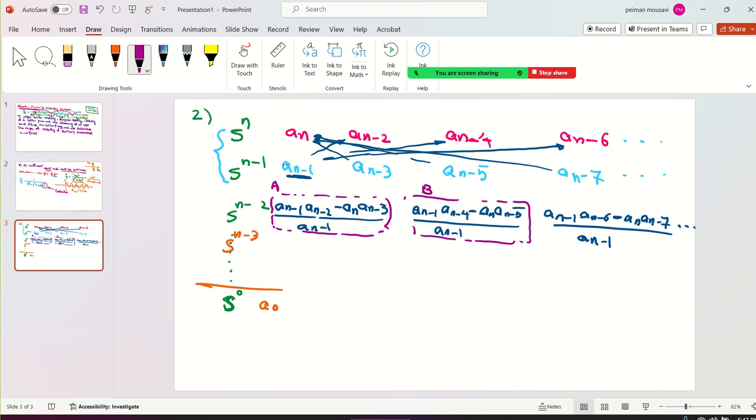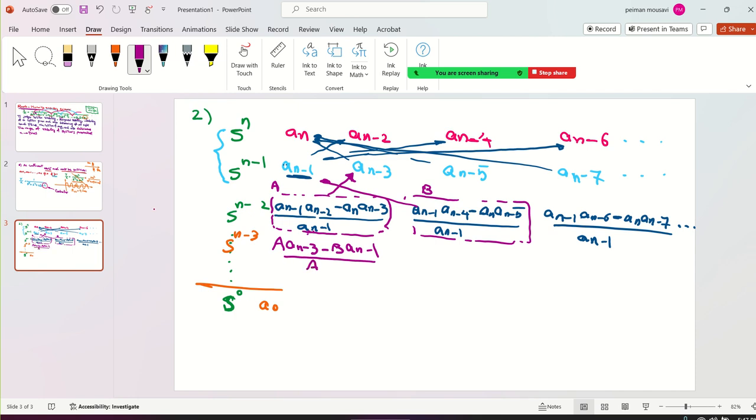A multiplied by this minus B multiplied by this divided by A. So you're gonna have an minus 3 minus B an minus 1 divided by A.